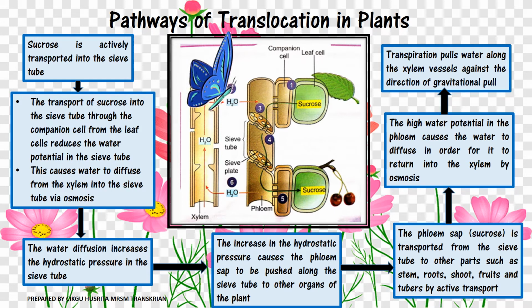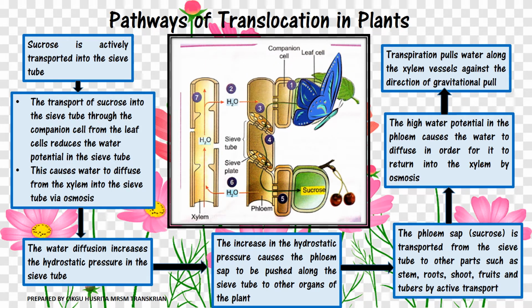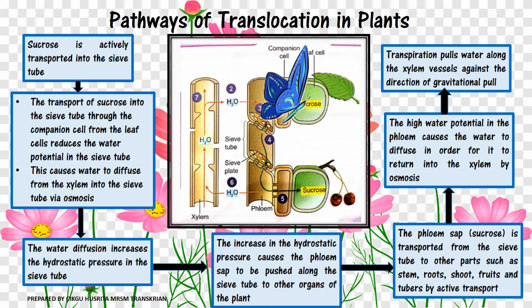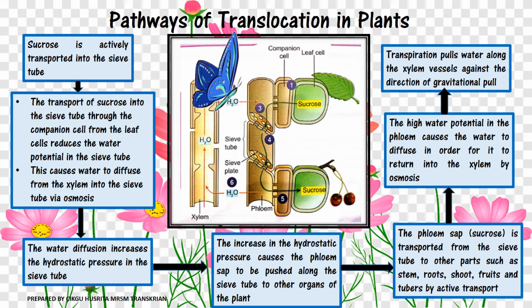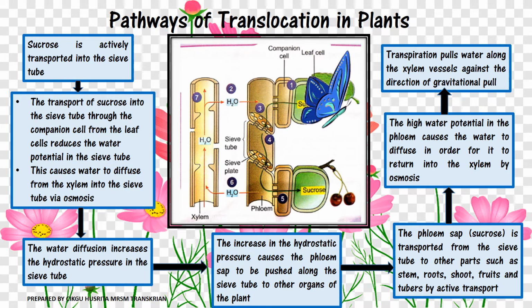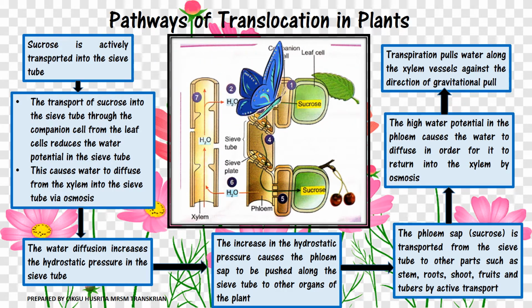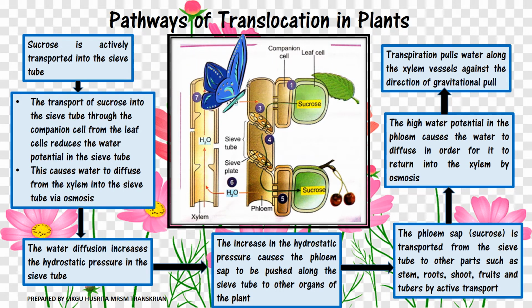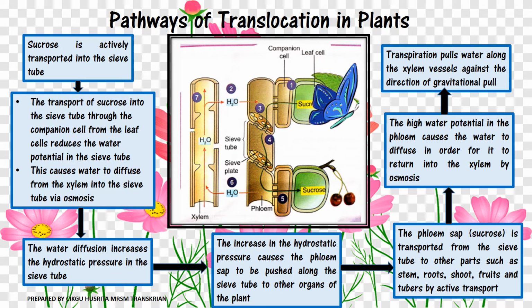The phloem sap is transported from the sieve tube to other parts such as stem, root, shoot, fruit, and tuber by active transport. Now the high water potential in the phloem causes water to diffuse back into the xylem by osmosis.